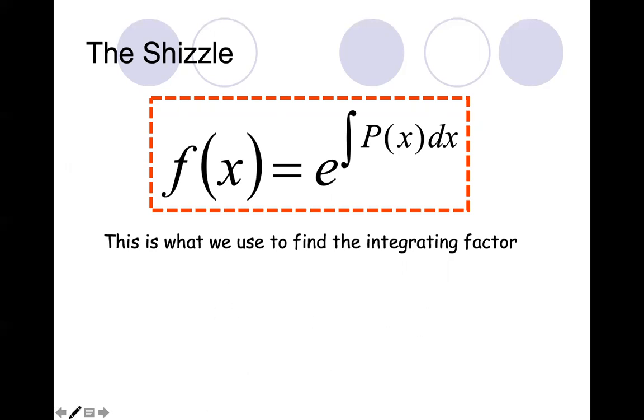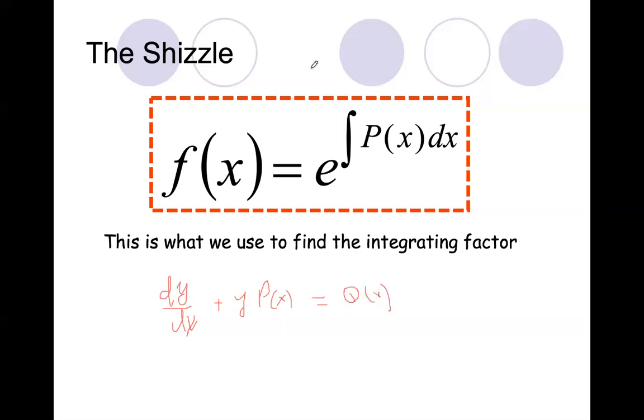So your equation should always be in this form: dy dx plus y times p of x, some function of x, should be equal to some other function of x.